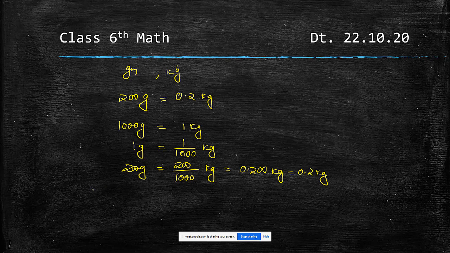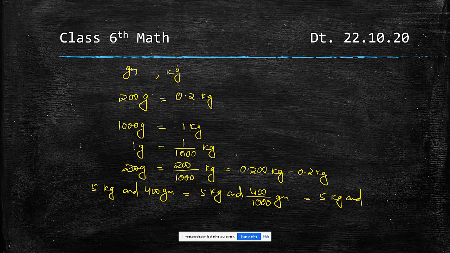Suppose we are given 5 kilogram and 400 gram. So it can be written as 5 kilogram and 400 divided by 1000 kilogram.